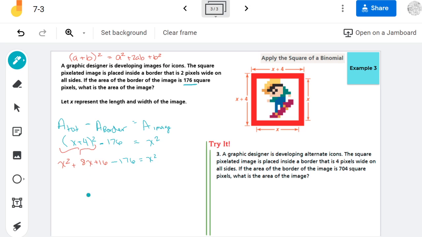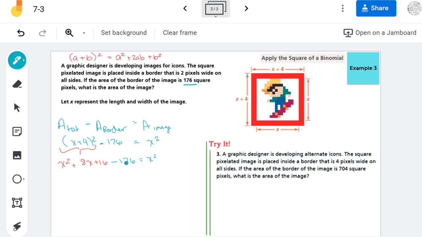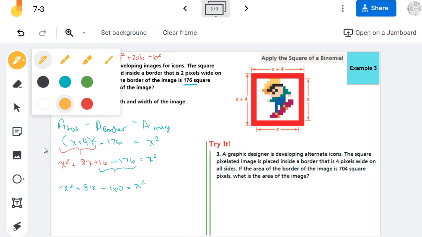Alright, so now I'm just trying to solve for x. Most people will see right here they could collect these like terms. So I have x squared plus 8x minus 160 equals x squared. And with problems like this, you usually want to get all your x's onto one side.